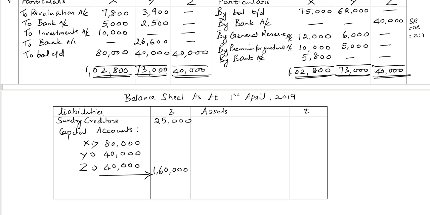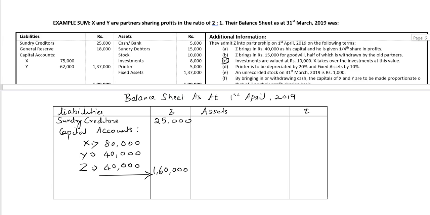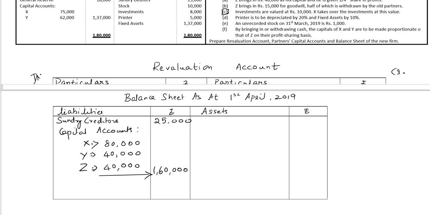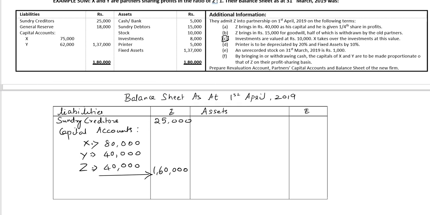We'll go on to the asset side. We'll begin with the bank balance. So we have the opening balance as rupees 5,000. We add the capital which is brought in by the incoming partner Z, which is rupees 40,000.